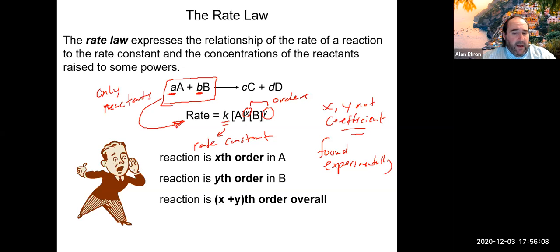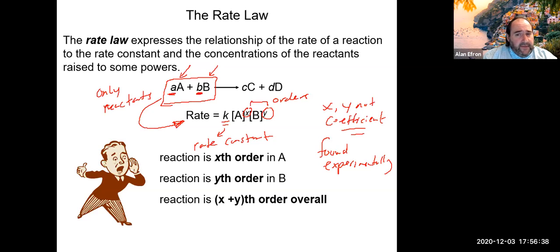So X and Y, which are the orders, are found experimentally. How do we find those? What typically happens in kinetics problems is you're given a table of experimental information: the concentrations of your reactants and an initial rate value for each, usually across different experiments that have been done.